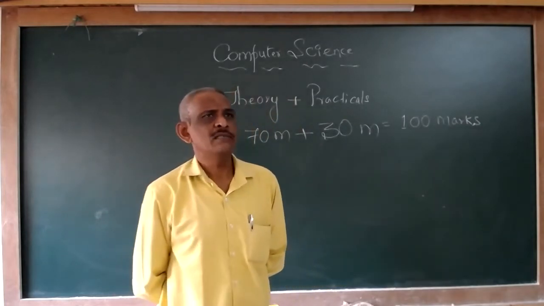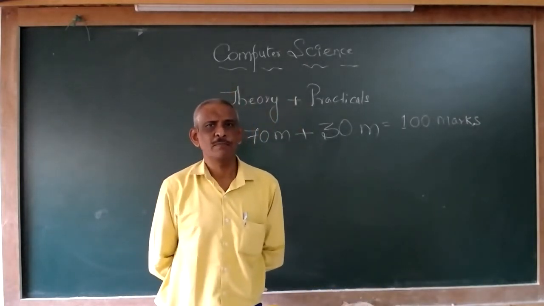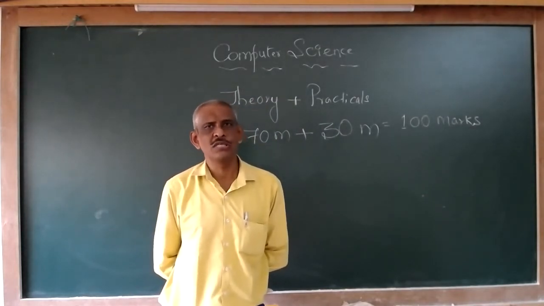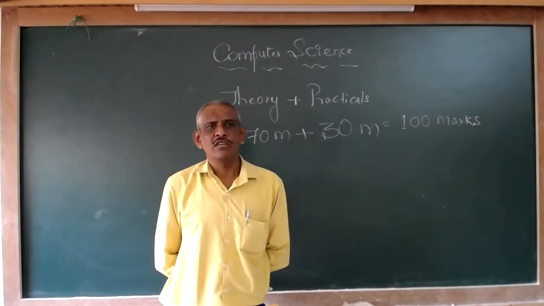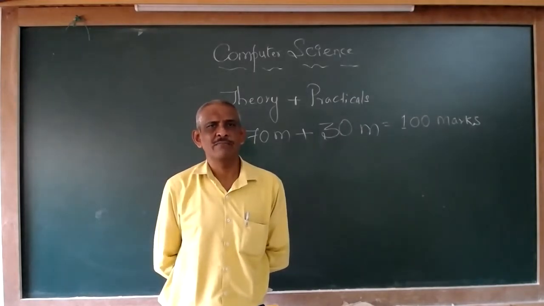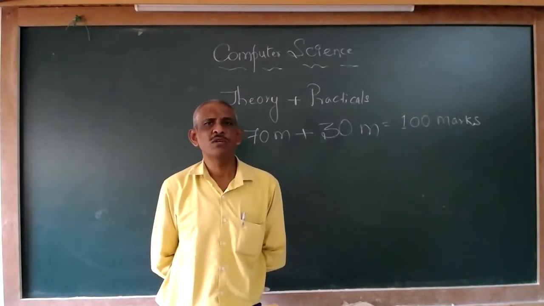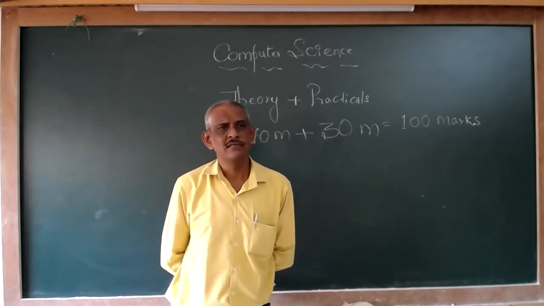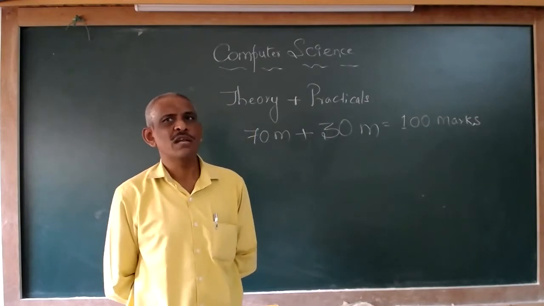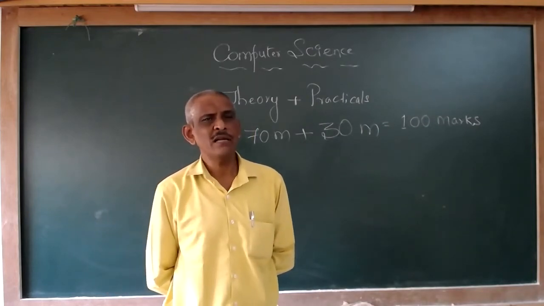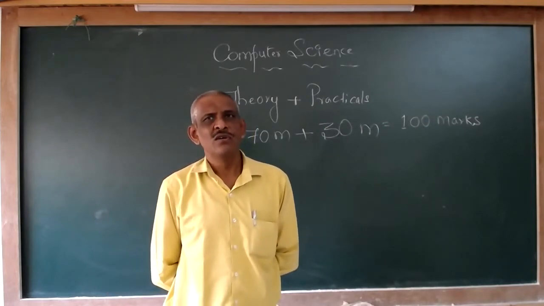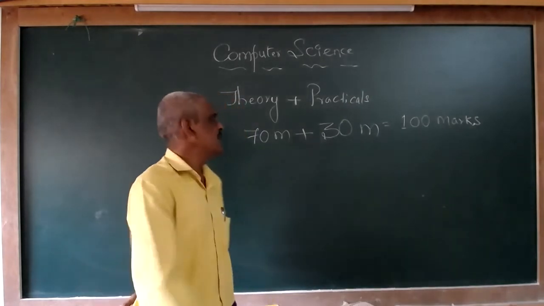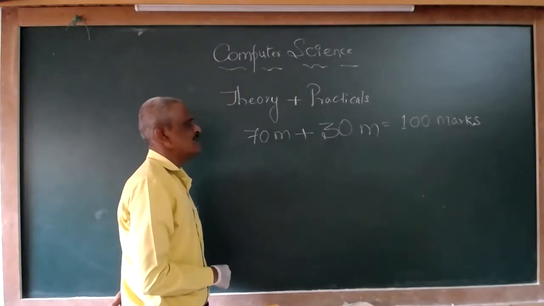Once you complete the third part, C++ programming, the last part includes electronic spreadsheets, that is MS Excel, then word processor, that is MS Word, then HTML programming, right? The introductory part we are completing. So from all this, we are completing 100 marks.